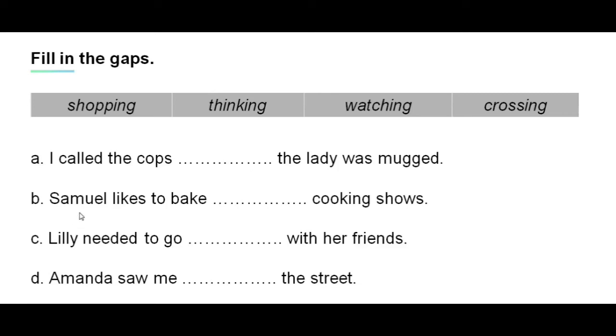B. Samuel likes to bake cooking shows. C. Lily needed to go with her friends. D. Amanda saw me the street.